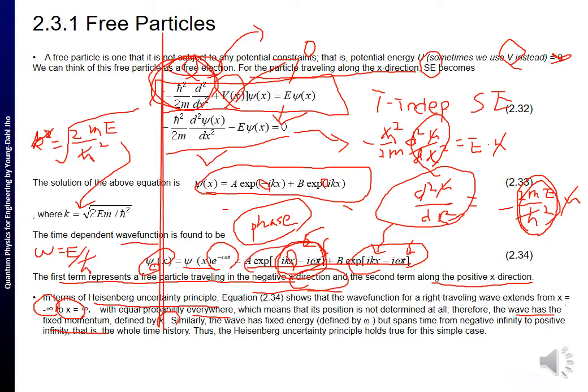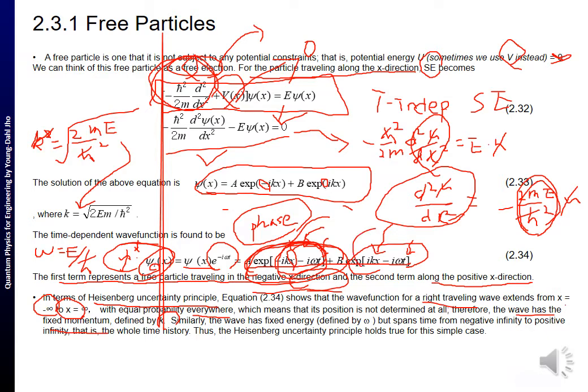Look at this, the probability. The wave function is spread over x space with equal probability everywhere. I mean, as a function of x, if we consider psi and then psi conjugate, multiply them, that is the probability, and it's always the same.